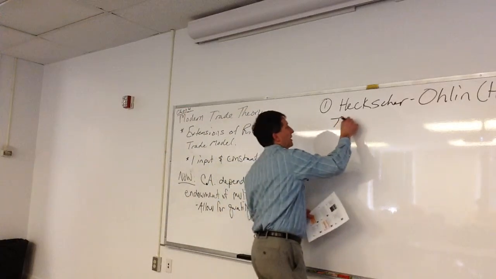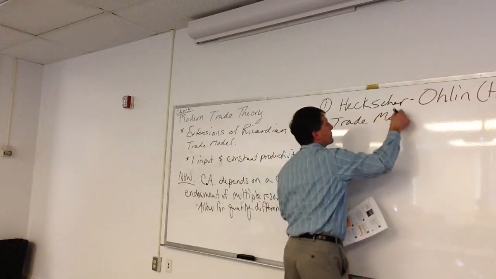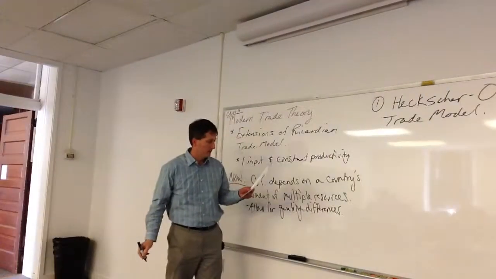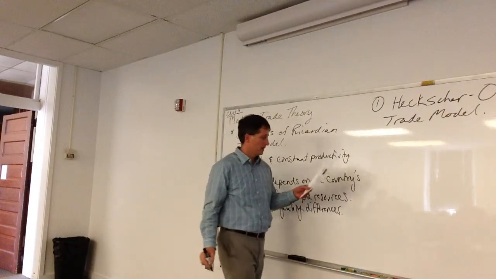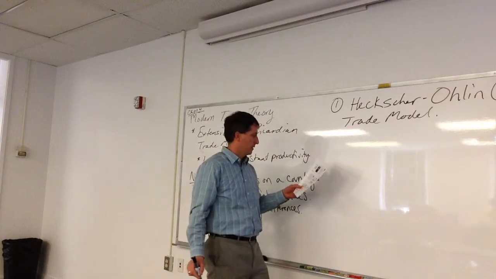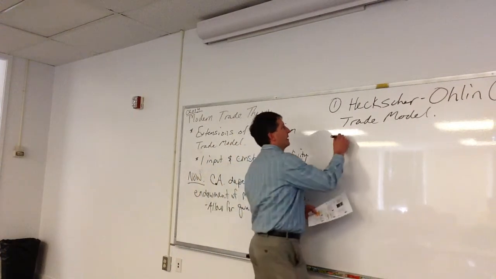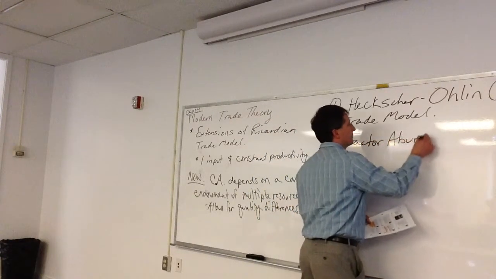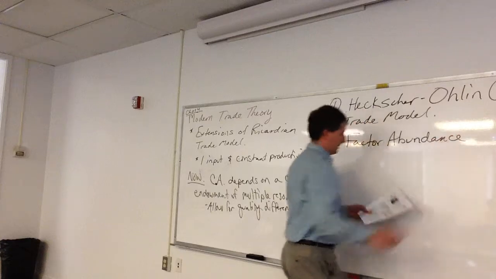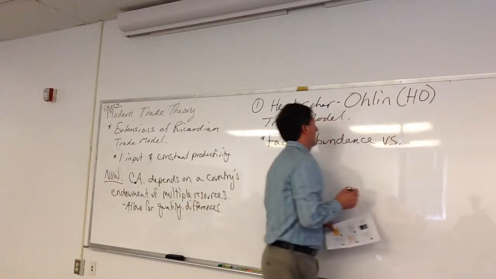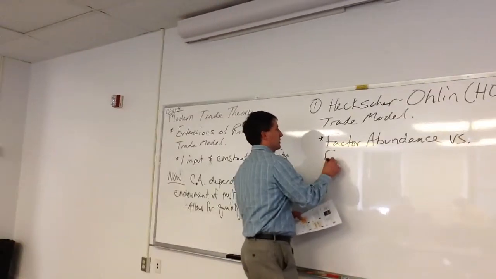So the Heckscher-Ohlin trade model deals with factor abundance versus factor scarcity.